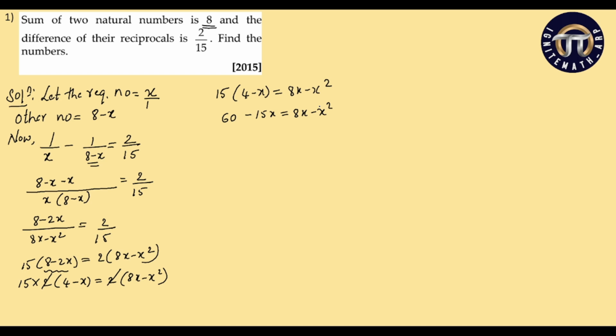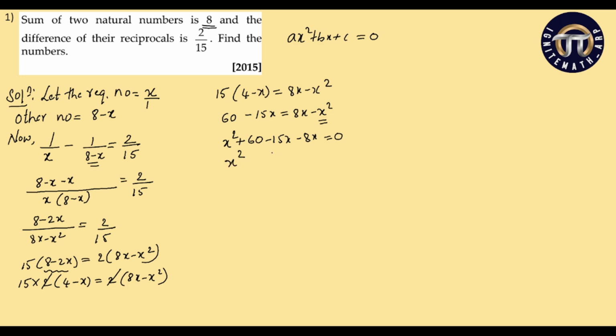Now I have to bring it to the standard form. What is the standard form, children? ax square plus bx plus c is equal to 0 is the standard form of a quadratic equation. So I'm going to write x square on the left hand side, plus 60, I'm going to keep it as it is, minus 15x minus 8x is equal to 0.